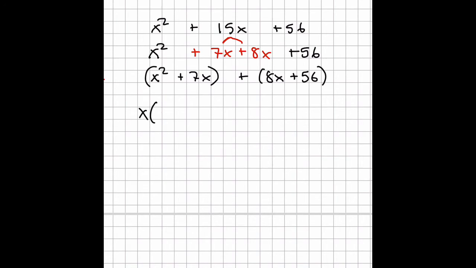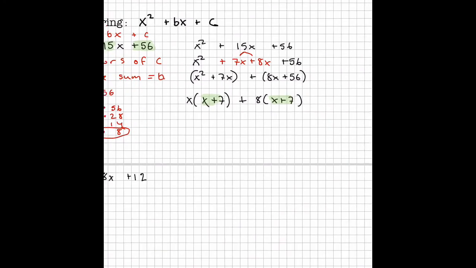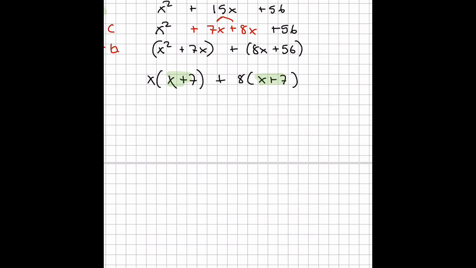I'm left with x plus 7. And with the 8x plus 56, I can factor out the 8. And that is also x plus 7. And now you can see, look, we have that common factor of x plus 7. When I factor that out, I get x plus 7 times the quantity x plus 8, and that is the answer.